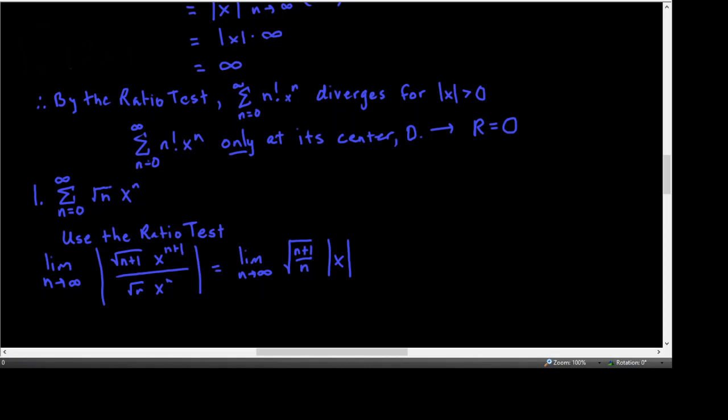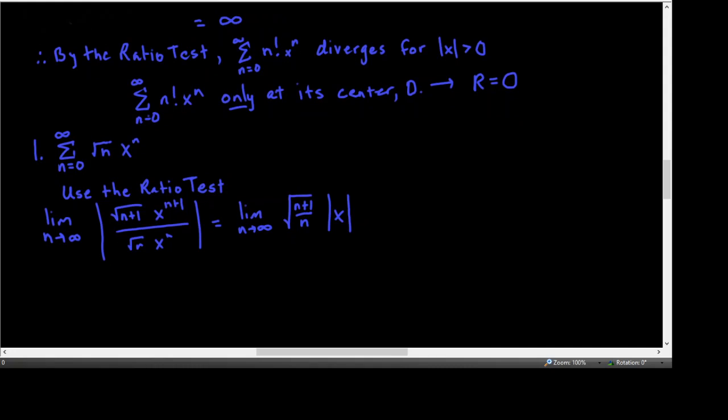Then the limit of that square root of n plus 1 over n, remember that's that linear over linear, or same power, and you use the ratio of the coefficients to do this quick limit. So that's going to be the square root of 1 over 1, which is 1, and 1 times the constant absolute value of x is absolute value of x.